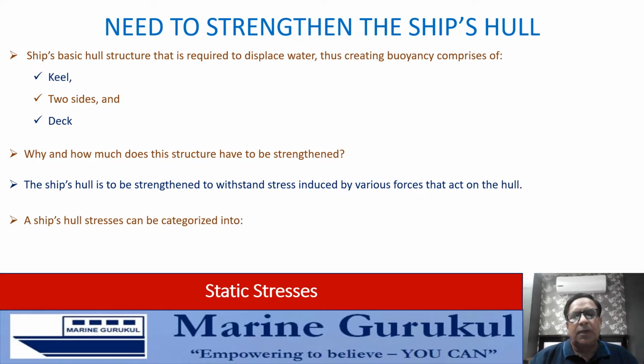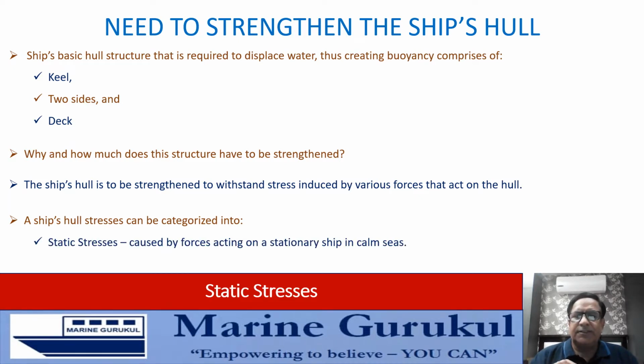A ship's hull stresses can be categorized into two: static stresses that are caused by forces acting on a stationary ship in calm waters, so static ship, static sea conditions, or the dynamic stresses caused when the sea is choppy or the ship is moving.